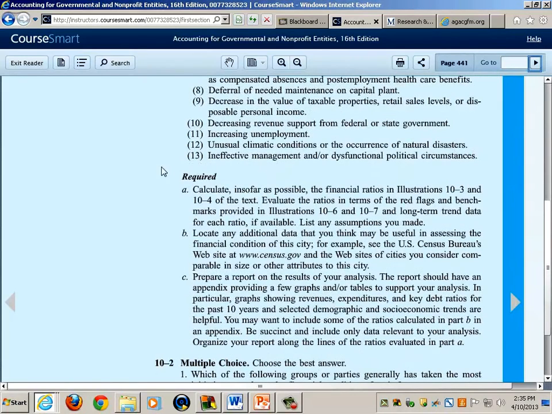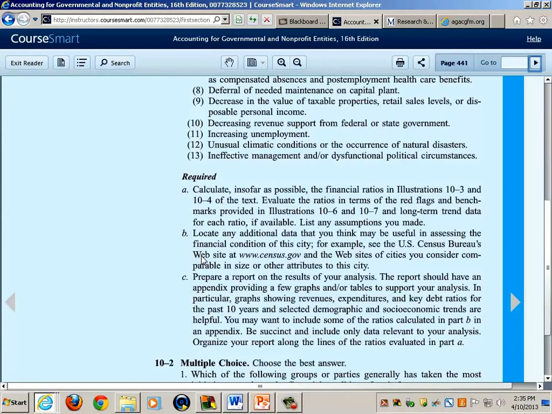What I'd like you to do is draw a line across here. Stop right here, and don't be concerned about the requirements because you've already answered them in the top. This actually asks you to calculate all the different ratios over a period of time. So put a line across here, and you're not required to do this, A, B, or C. You'll understand it once you read it.